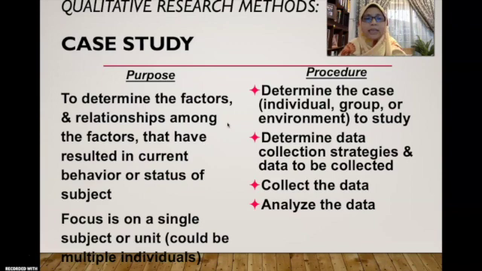For case study, your focus would be the nouns that you wish to do research on. Maybe an institution, maybe a village. You have certain focus in a single subject or unit, or could be multiple individuals. So what you need to do is to determine the factors and relationship among the factors that have resulted in the current behavior or status of the subject.